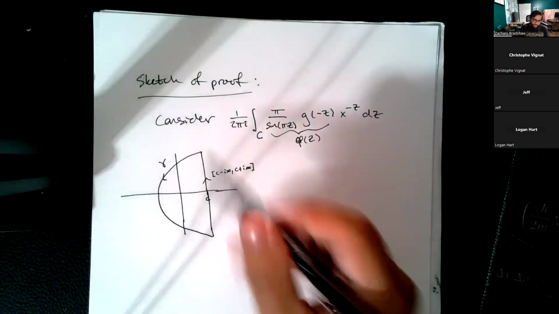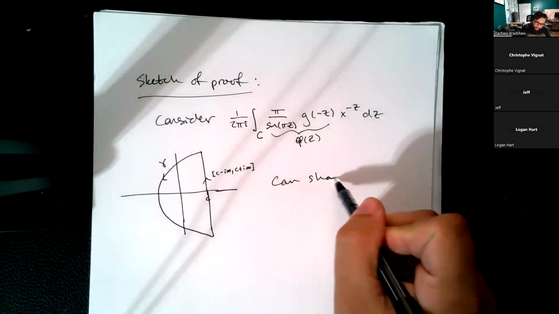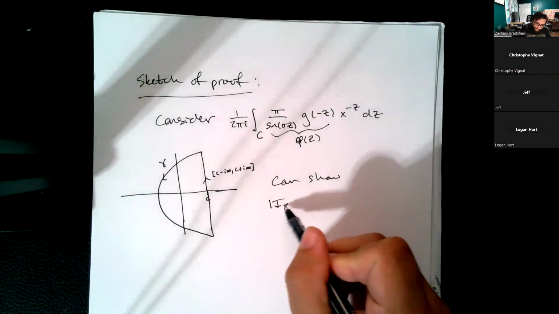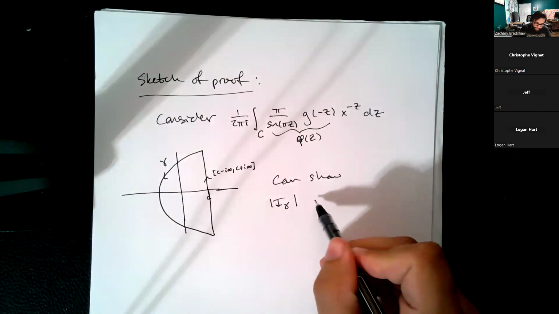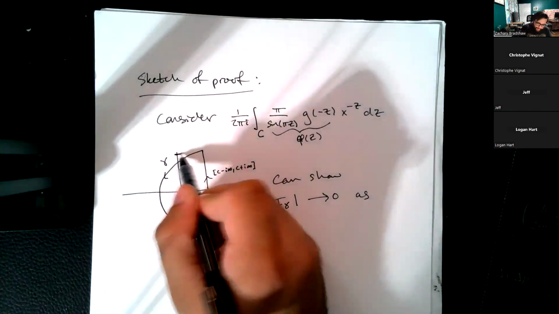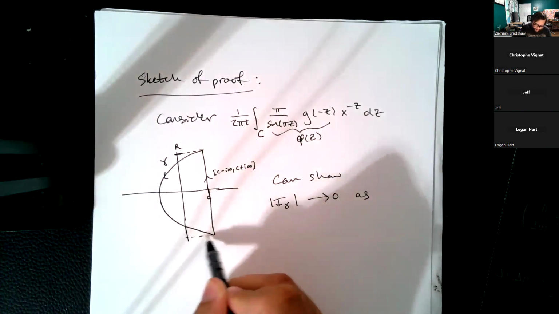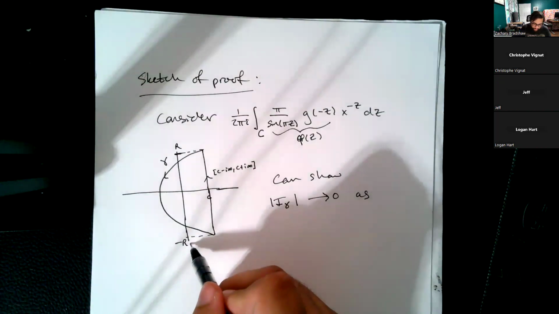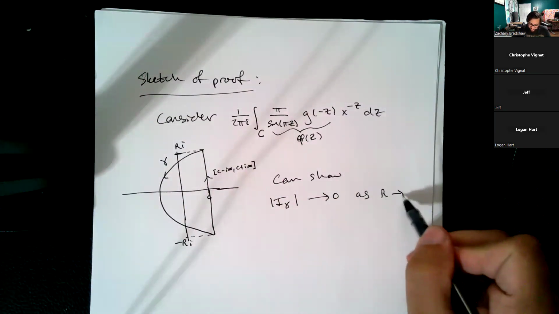Now we can show, I'm not going to do it because I don't want to, that the integral along this arc goes to 0. So I've selected some r here, times i, as r goes to infinity.